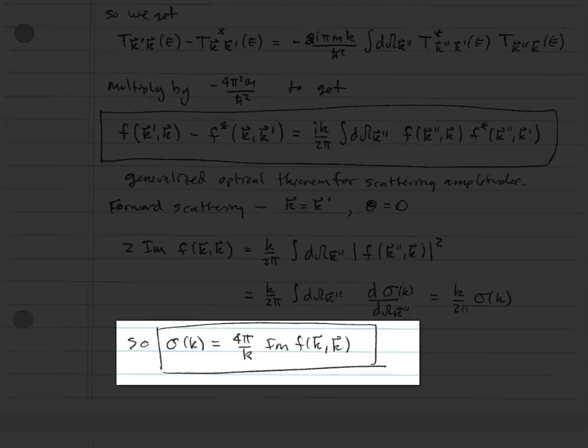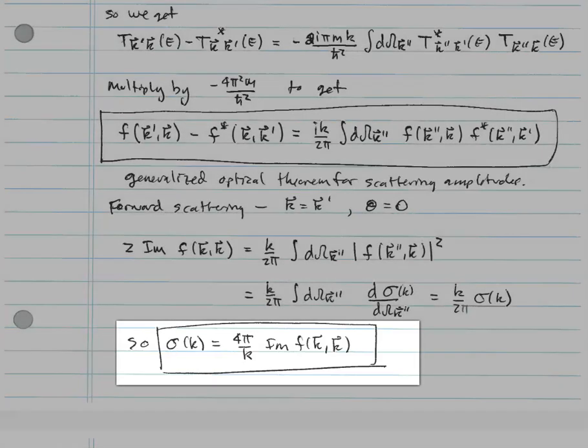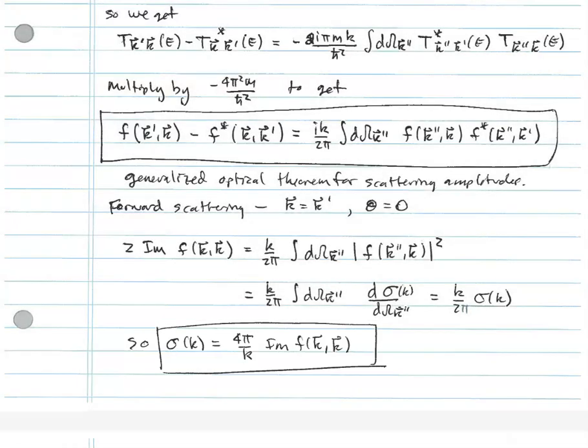That's a remarkable identity, and it tells us that once we have found the scattering amplitude, we don't have to take the modulus squared and integrate it. I can immediately tell you what the total scattering cross-section is. It's only if I want the differential scattering cross-section that I have to calculate the modulus of f of k k prime. Okay, so that's a remarkable result. That's called the generalized optical theorem for the scattering amplitude, and it comes in very handy if you're trying to calculate what the total scattering cross-section would be.